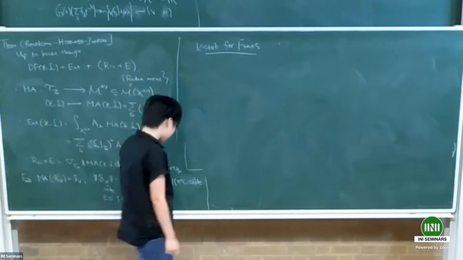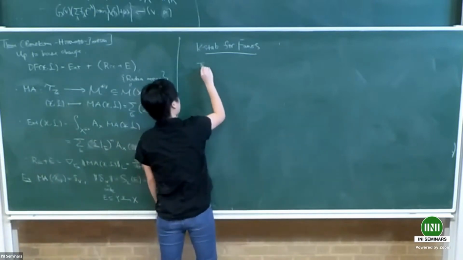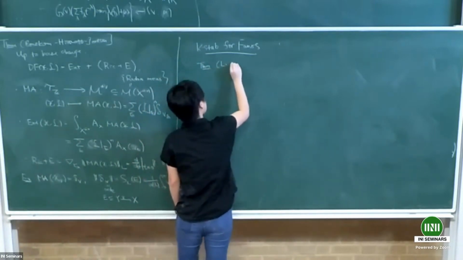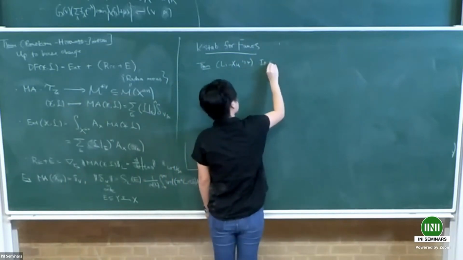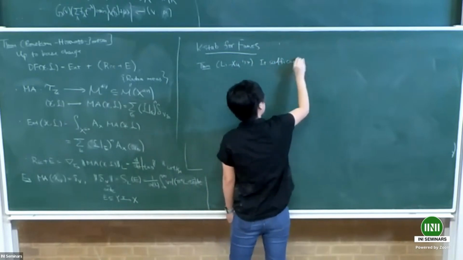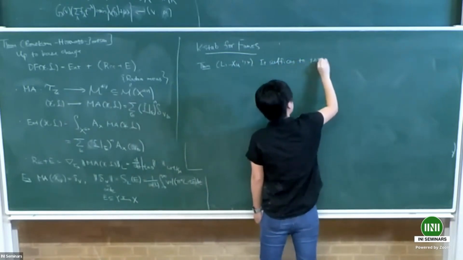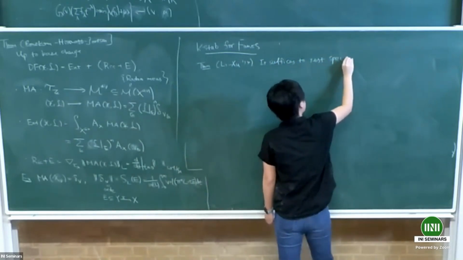So K-stability for Fanos relies on this very important theorem of Li and Xu, that it suffices to test special test configurations.